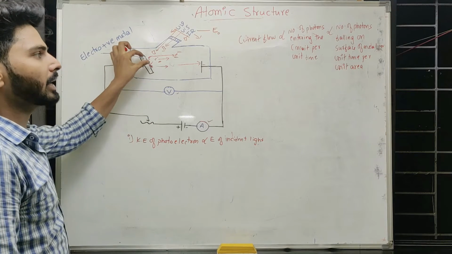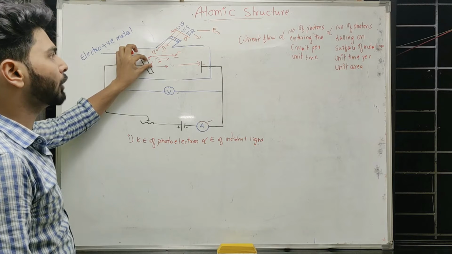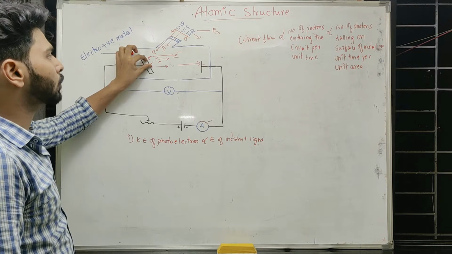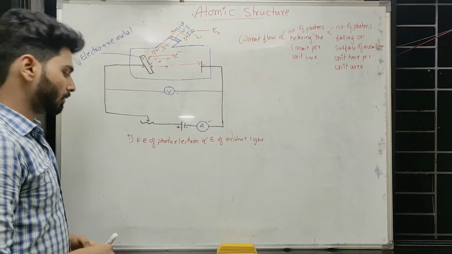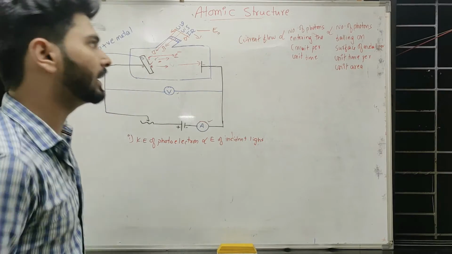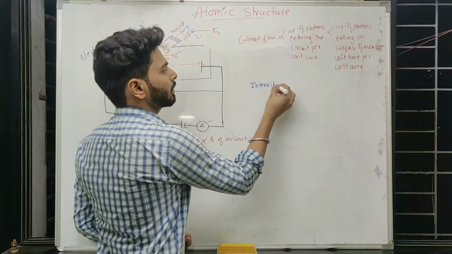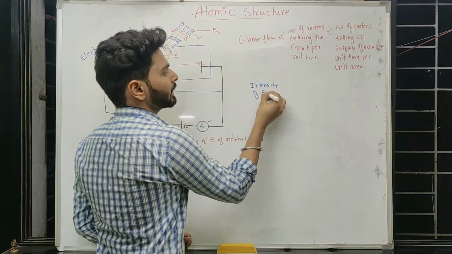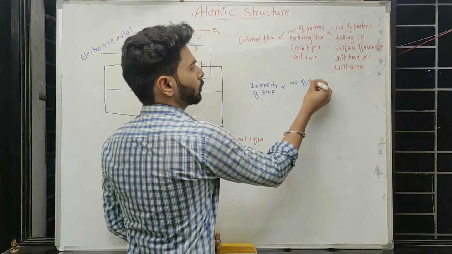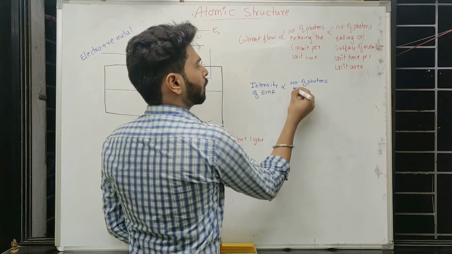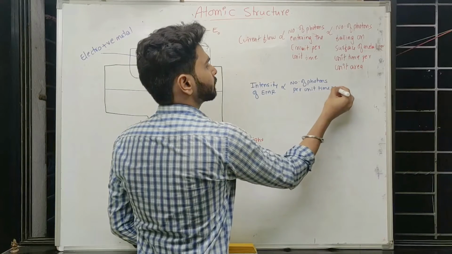So if I keep area constant and time constant, then on this particular selected area, how many photons are falling tells me how many photoelectrons are produced, and that is nothing but intensity. So the intensity of electromagnetic radiation is directly proportional to the number of photons per unit time per unit area.